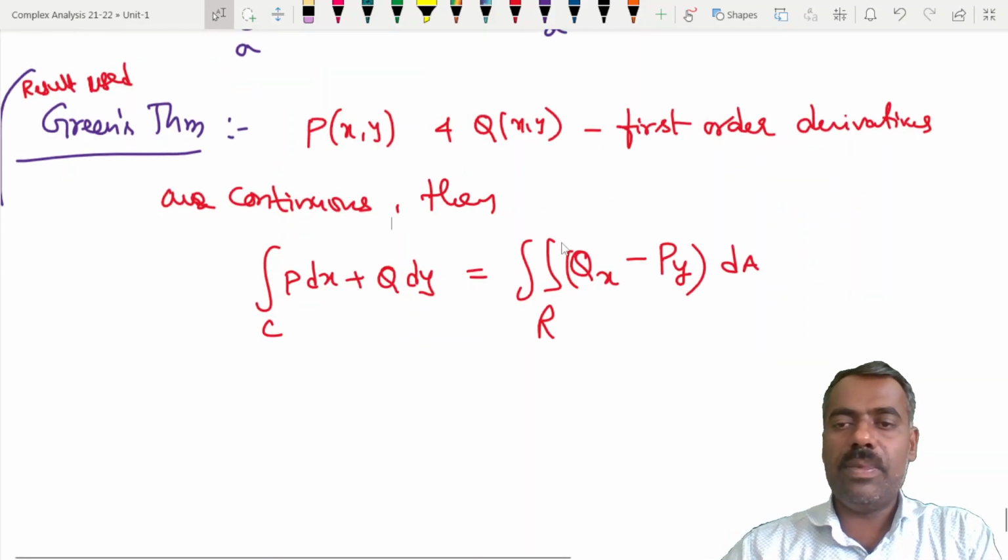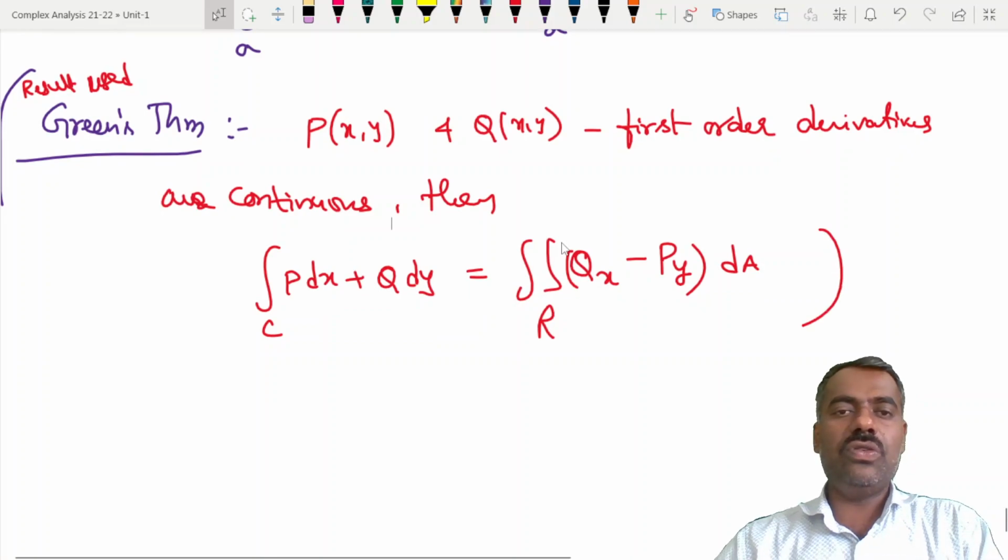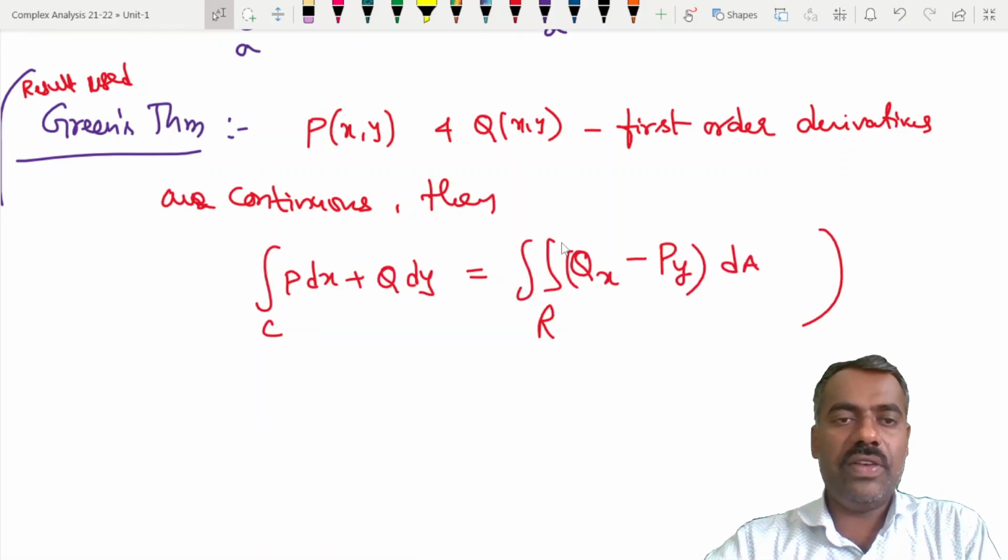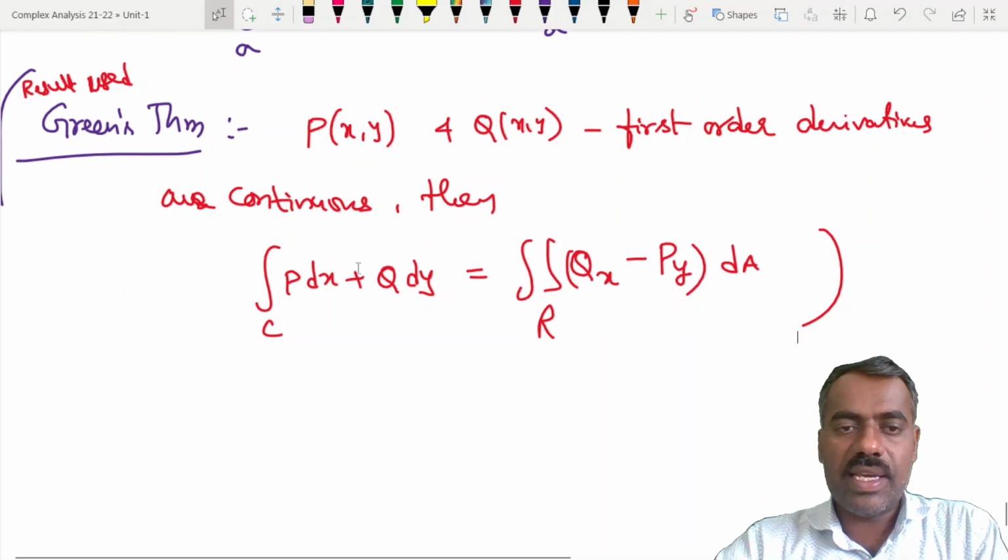I'm not writing it completely. This is the basic result: if you have two functions whose first order partial derivatives exist and are continuous, then this is the value.